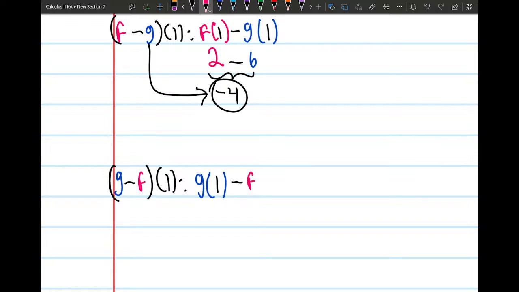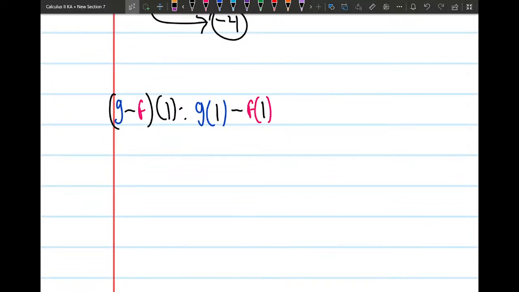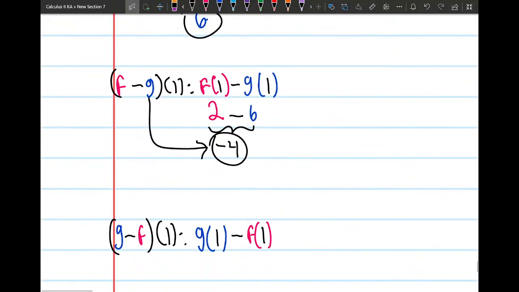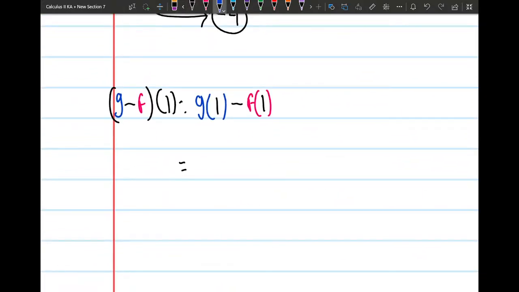So g of 1 was 6, so we know that's going to be 6 because we already evaluated it. Once you evaluate it, guys, you don't have to do it again and again because we already did it in the previous problems.